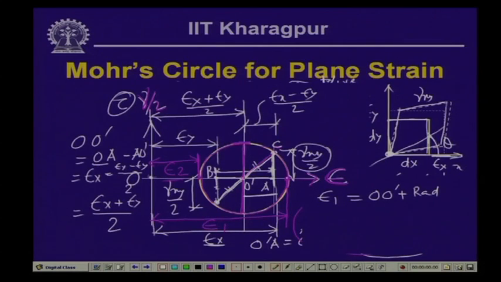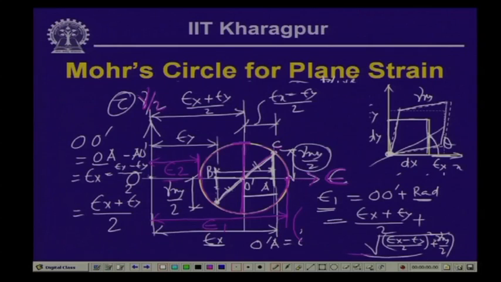So, the distance C O dash, which is the radius, is equal to root of epsilon x minus epsilon y by 2 square plus gamma x y by 2 square. So, the value of epsilon 1 is equal to O dash, which is epsilon x plus epsilon y by 2, plus root of epsilon x minus epsilon y by 2 square plus gamma x y by 2 square.